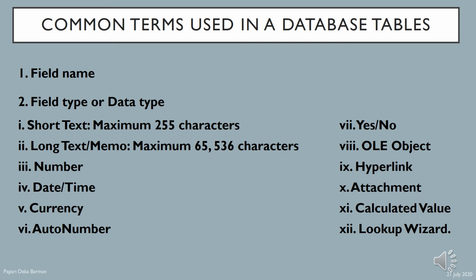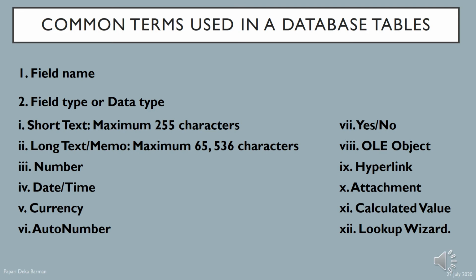Number 8 is OLE object. OLE means object linking and embedding. This is used to embed an object created in another application, such as a Microsoft Word document, Microsoft Excel spreadsheet, or PowerPoint presentation.